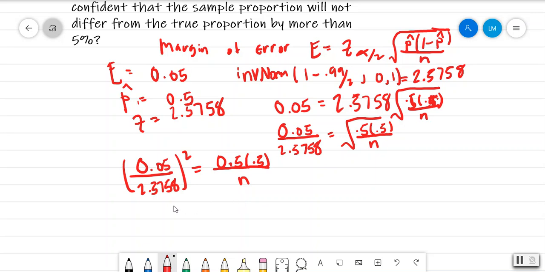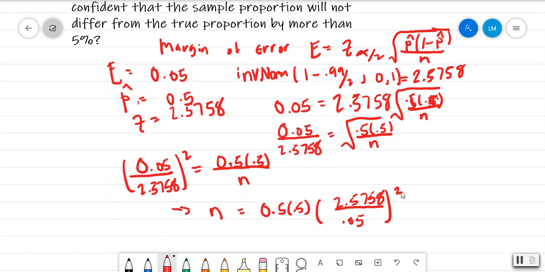Which now means that if we solve for n, this is going to be equal to 0.5 times 0.5 multiplied by 2.5758 all divided by 0.05, and then square it. This looks like quite a bit, but it's actually not that bad.